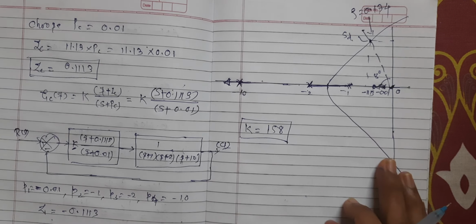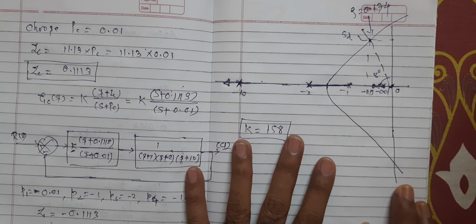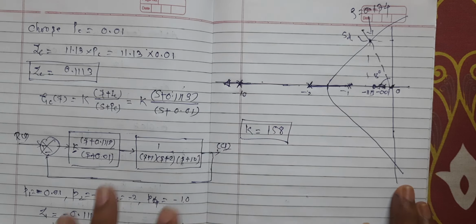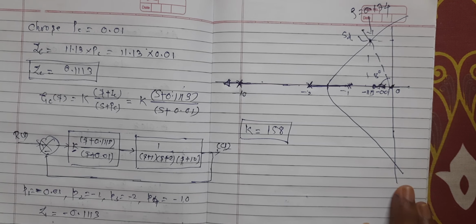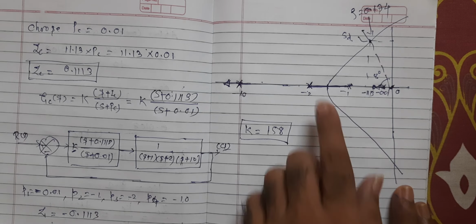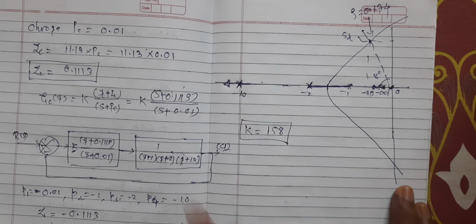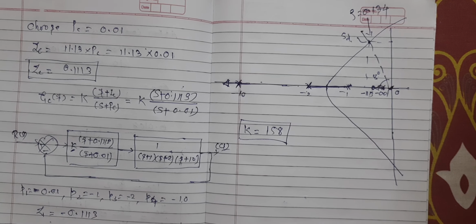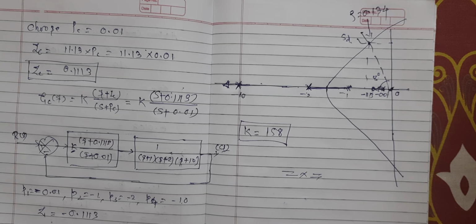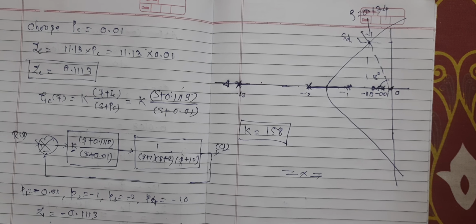If it is a question of 20 marks, then you have to draw the root locus for both, and if it is of 10 marks, then you have to do at least up to these points and leave out this one, but you can draw like this, and then finish your example. So this is the way by which we can solve our lag compensator example.